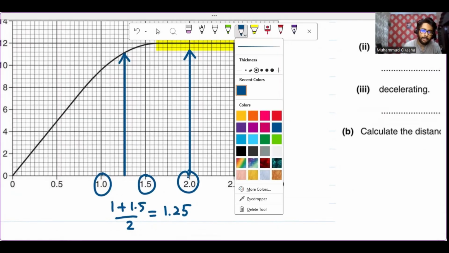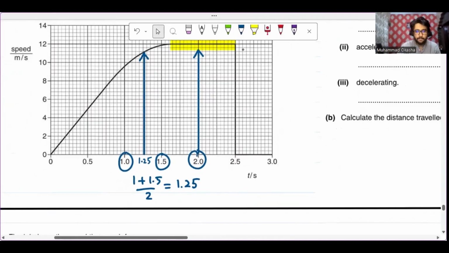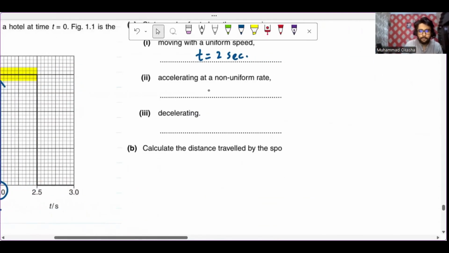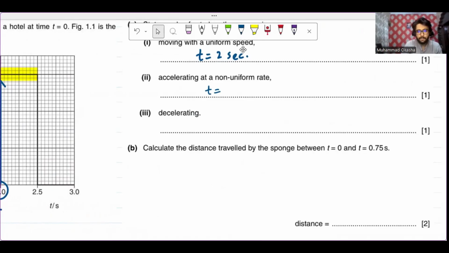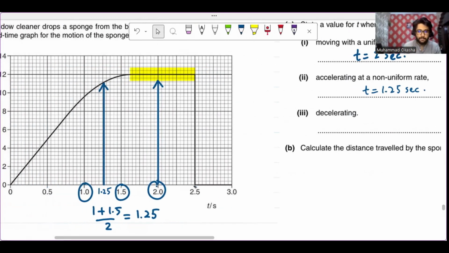So I'll take t equals 1.25 seconds as the time where it's accelerating at a non-uniform rate.